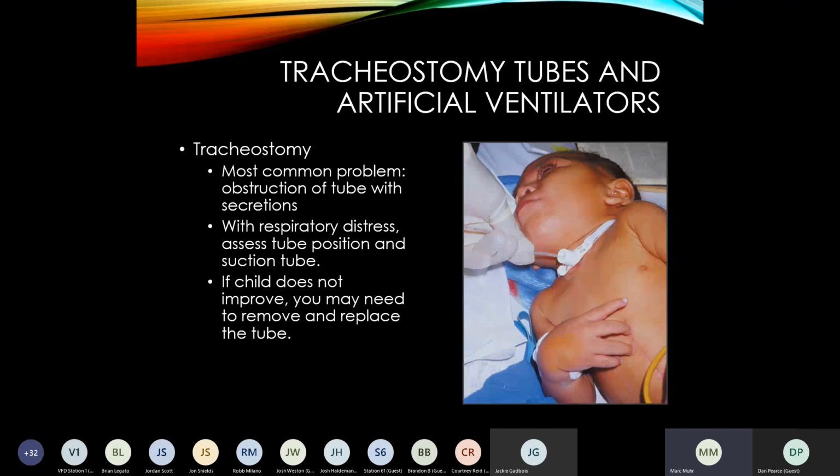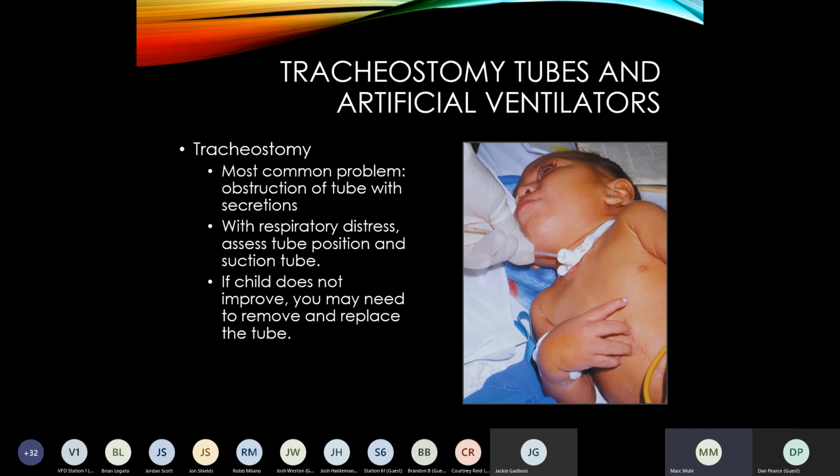Managing kids with tracheostomy tubes who may or may not be on a ventilator. The most common issue with these particular cases is the tube gets obstructed with secretions. Assess the tube position, suction. You may need to remove and replace it.